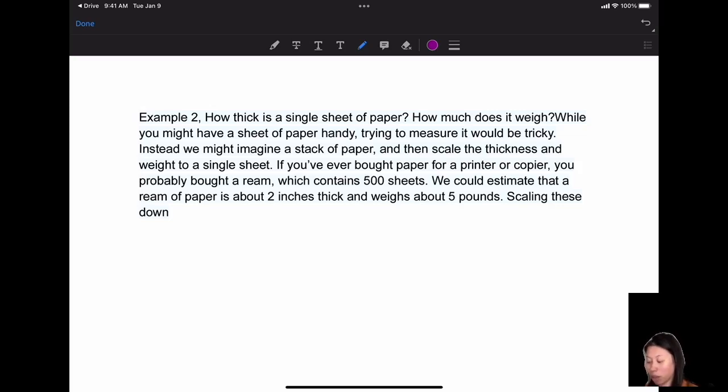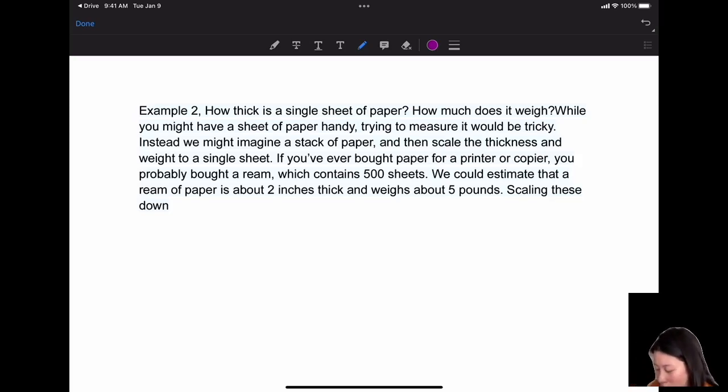If you ever bought paper for a printer or a copier, you probably bought a ream, which contains 500 sheets. And we could estimate that a ream of paper is about 2 inches thick and weighs about 5 pounds, and scale this down.